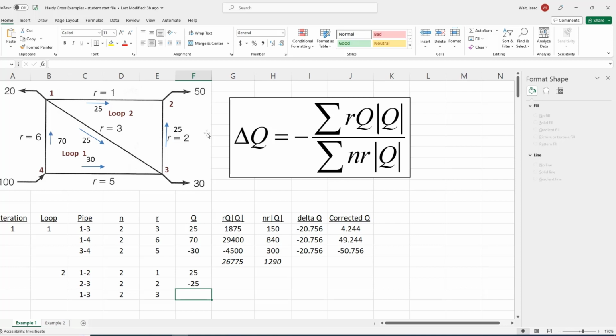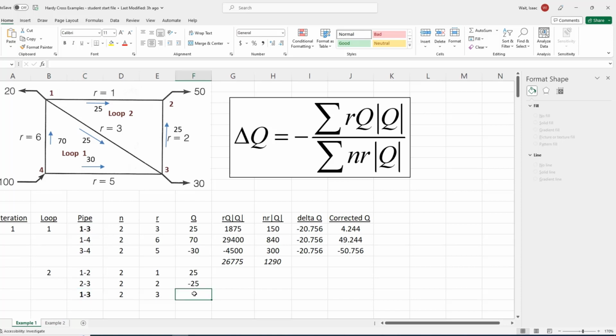I've got a better guess for that now. Pipe 1-3 is in the first loop, and it's also in the second loop. I'm going to bold it just to draw attention to the fact that it's in both of the loops. So this is the one I need to be a little careful with, this common pipe.